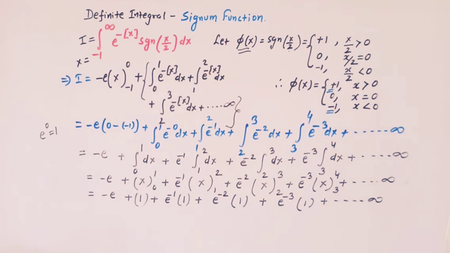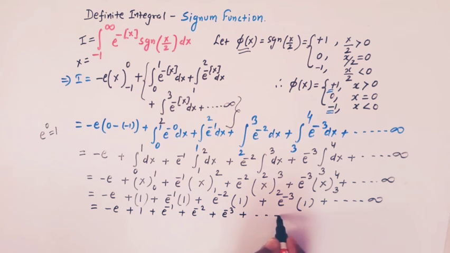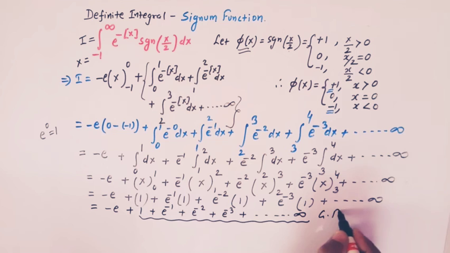Okay, so now we can rewrite this series as minus e plus 1 plus e raised to minus 1 plus e raised to minus 2 plus e raised to minus 3, and so on, right? Now viewers, we see that this constitutes a geometric progression, right?